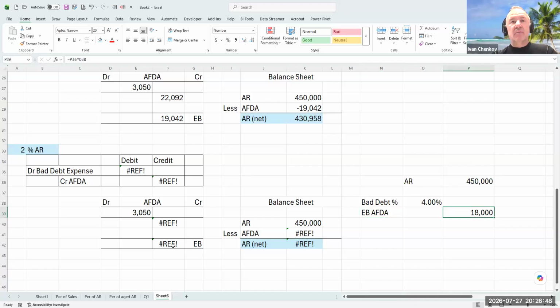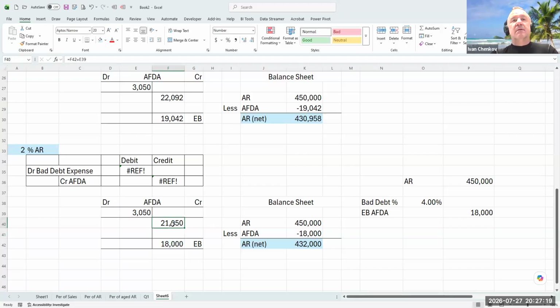So that 18,000 automatically becomes the ending balance of 18,000. So now the question is, what will be the amount that we have to put as a credit so we can bring the 3,050 debit balance up to an 18,000 credit balance? Obviously, that will be the calculation between those two amounts.